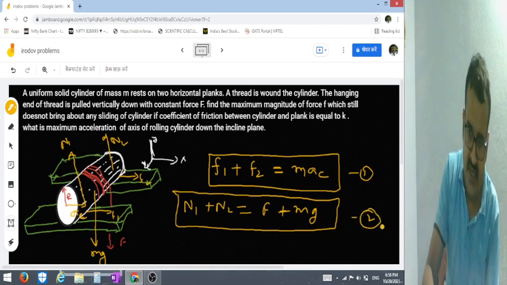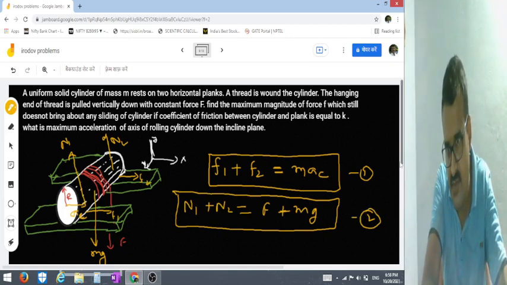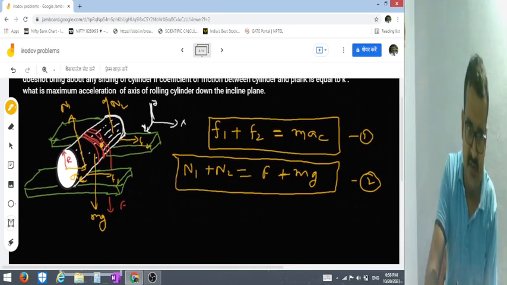Now if I talk about balancing the torques, I will get equation number 3. You can see here the force of friction and the force that is acting over here.